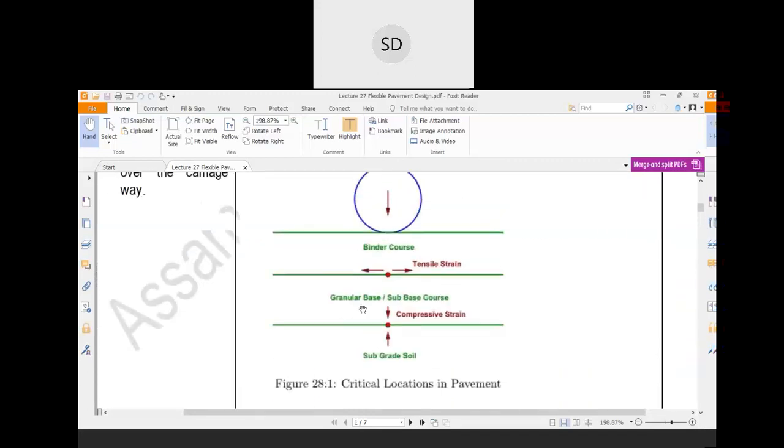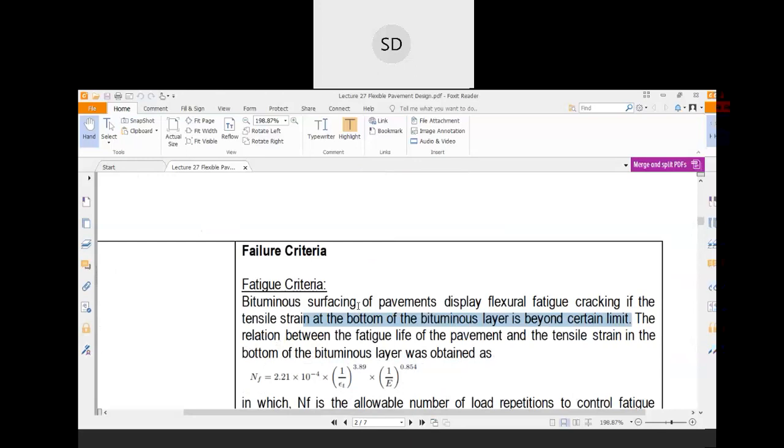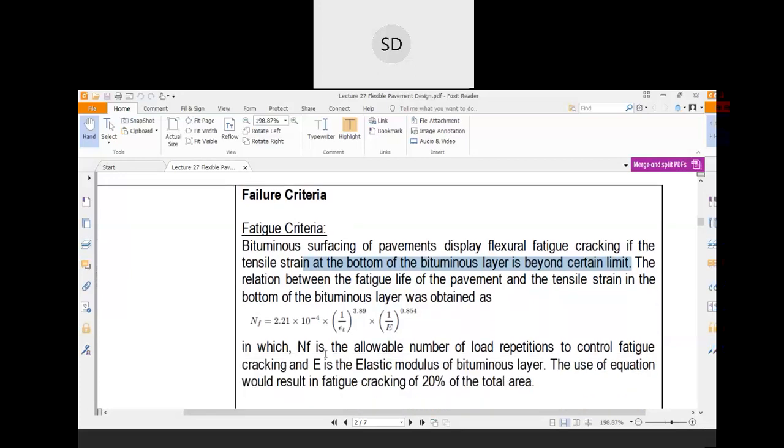So it means that if the tensile strain generated over here exceeds a certain limit, then fatigue failure will occur. The relationship between the fatigue life of the pavement and the tensile strain at the bottom of the bituminous layer was obtained as this equation.